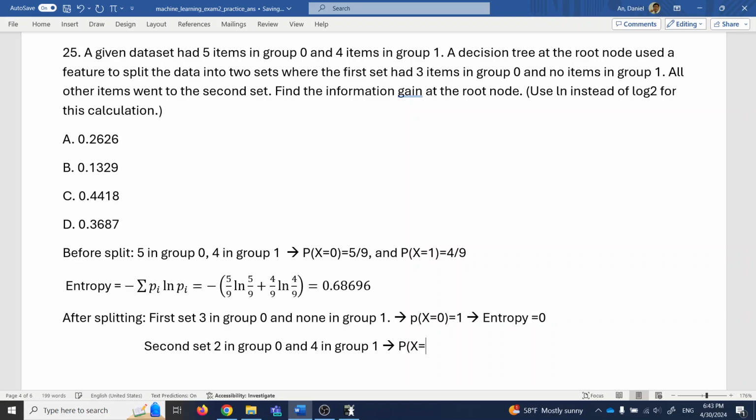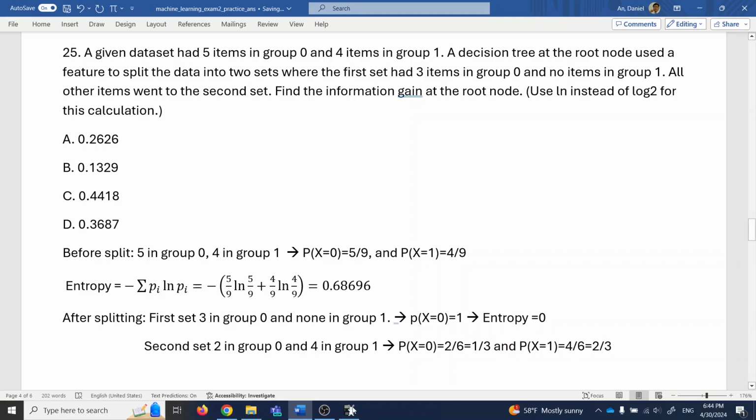P of x equal to 0 would be 2 out of 6, and P of x equals 1 is 4 out of 6, which is like, this will be 1/3 and this is 2/3.